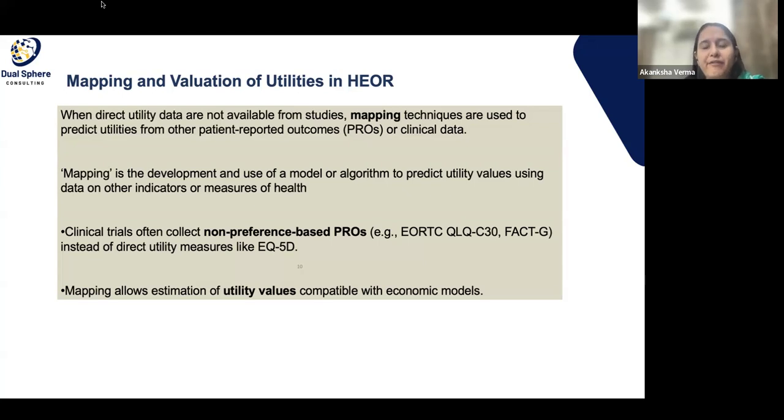It helps you estimate utility values compatible with your economic evaluations or your studies where you want to see the humanistic burden. So it's basically modeling, based on algorithms where mapping is done. Next slide, please, Rita.